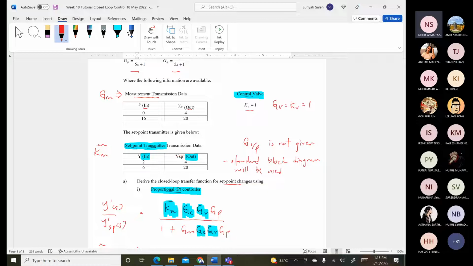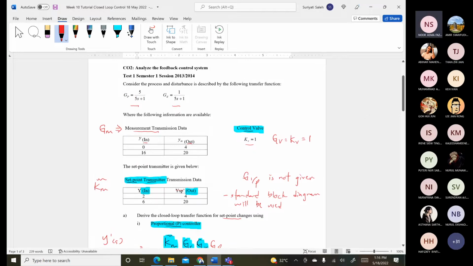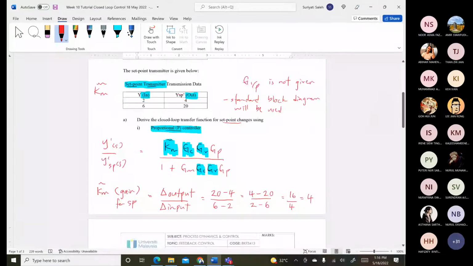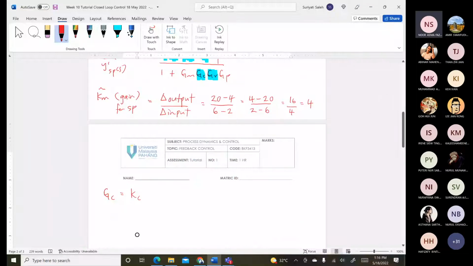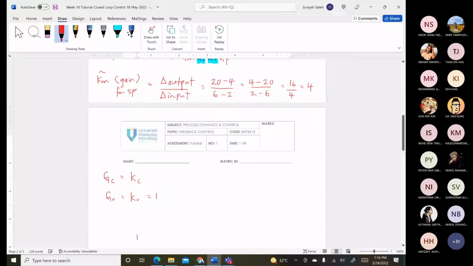That means in this case, there is no time constant for the control valve, because no data is given. So we assume the GV equal to KV equal to 1. That is the value of the valve transfer function. So we complete that one transfer function.